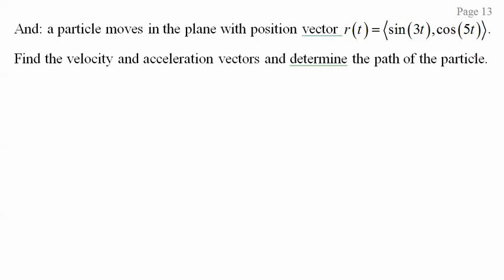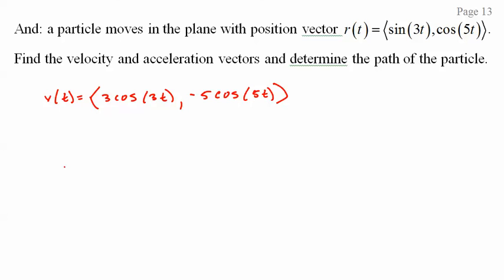Particle moves in the plane, find the velocity and acceleration vectors, and determine the path of the particle. Well, the velocity is just the derivative, so we get 3 cosine of 3t and negative 5 cosine of 5t.